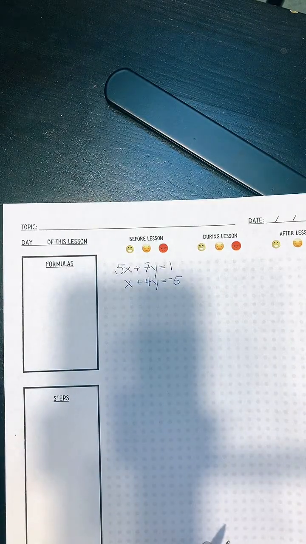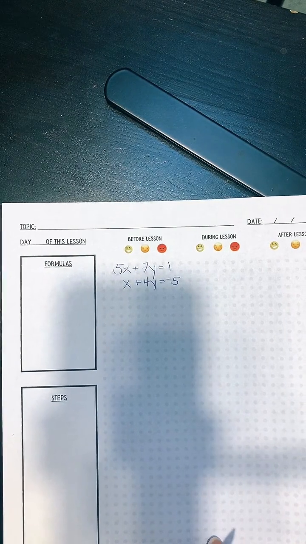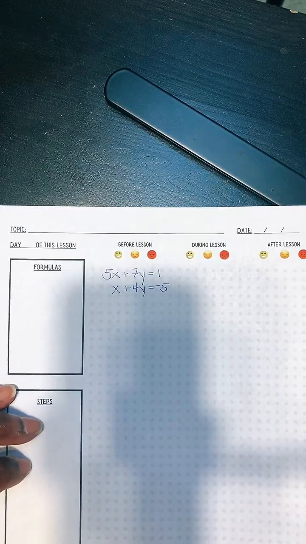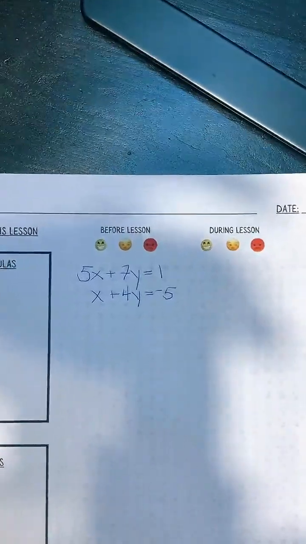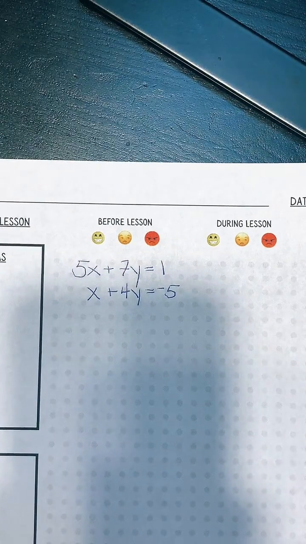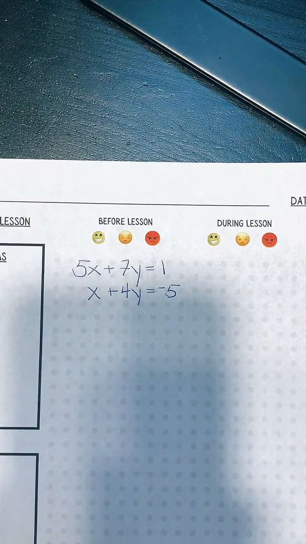All right. That shadow of the phone blurs your page. I know. But you know what? This is what I've got, and this is what I've got to deal with. This is all the emotions. Let's see if this works.